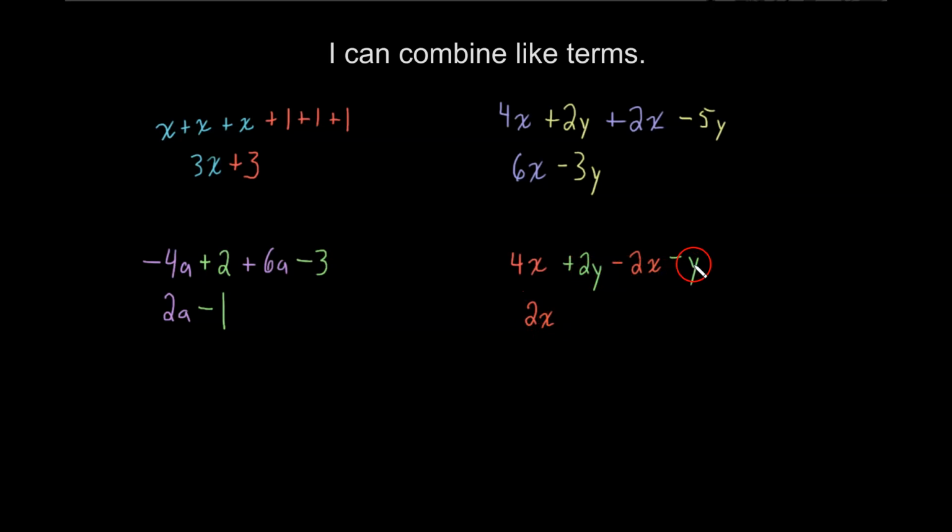And 2y minus y just gives us 1y. We could write plus 1y, however, 1 times y is just y, so I think it is a little bit more concise and something we should do. If we ever have 1y or a coefficient of 1, let's just get rid of it, okay? So this would be 2x plus y after we combine like terms.